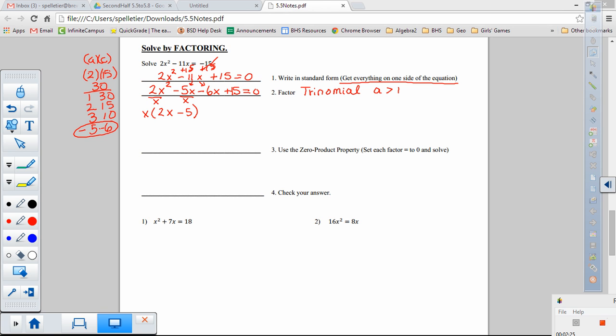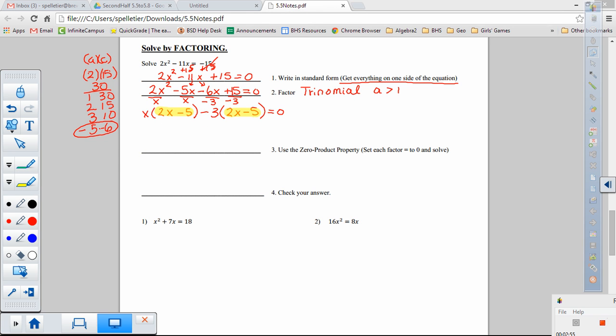Then I have to factor out the second grouping, and I'm trying to create a 2x minus 5. So I would have to divide by 3, and I also need the first term to be positive and the second term to be negative, so I'm going to change the signs by dividing out a negative 3. It leaves me with 2x minus 5, and I certainly know I'm doing something right because I'm getting 2x minus 5 in both sets of parentheses.